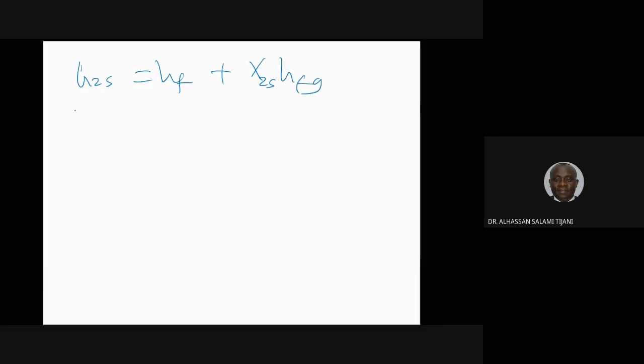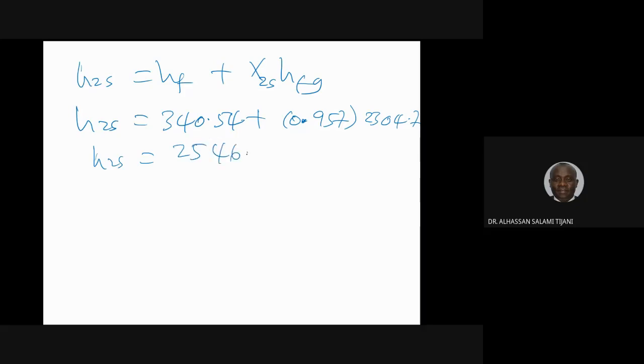So H2S gives us 340.54 plus 0.957 times 2304.7. So H2S is 2546.14 kilojoules per kilogram. So that is H2S. You understand?